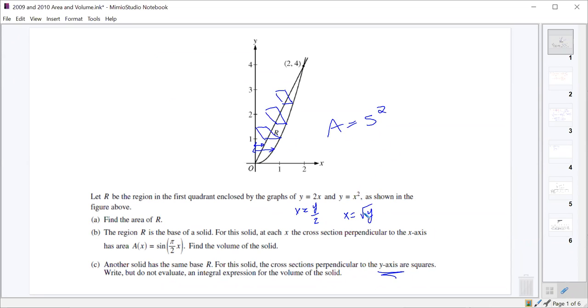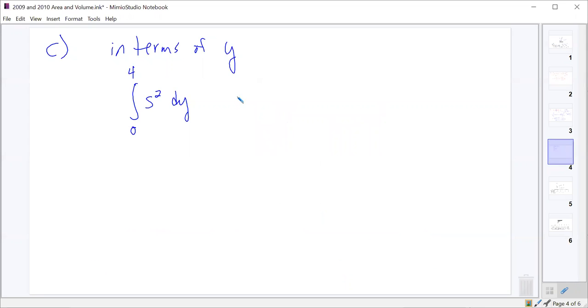So we should have root y minus y over 2 squared. So we will have an integral from 0 to 4 of root y minus y over 2 squared dy. And they said you didn't need to bother to evaluate it, so that is your answer.